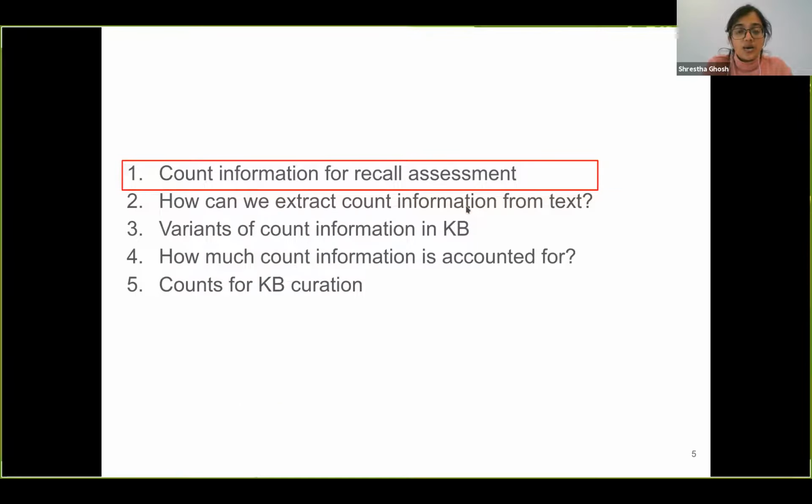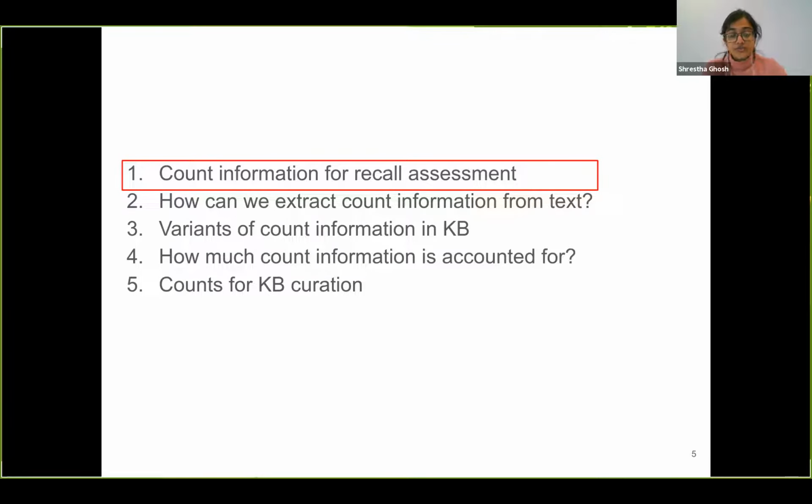So we look at how we can use count information for assessing recall. We will first talk about extracting count information from text. If we have a subject, the predicate that we are after, and a source, can we extract the correct count from it? We'll see the different challenges involved in the extraction.